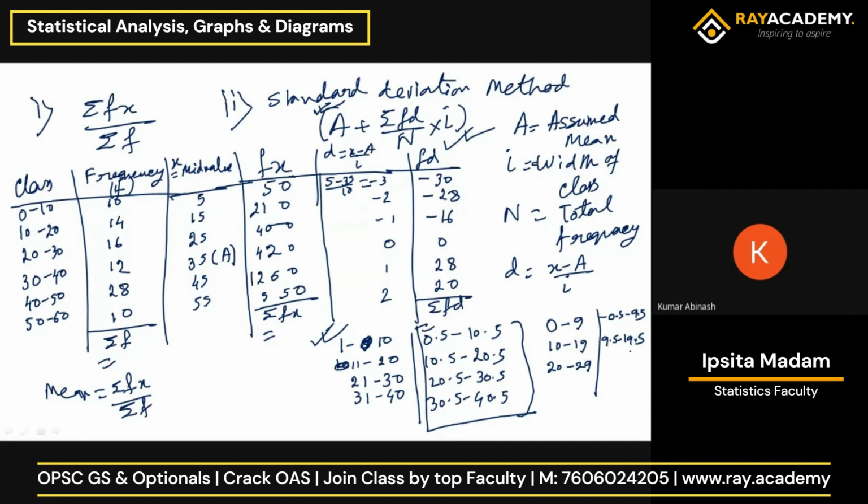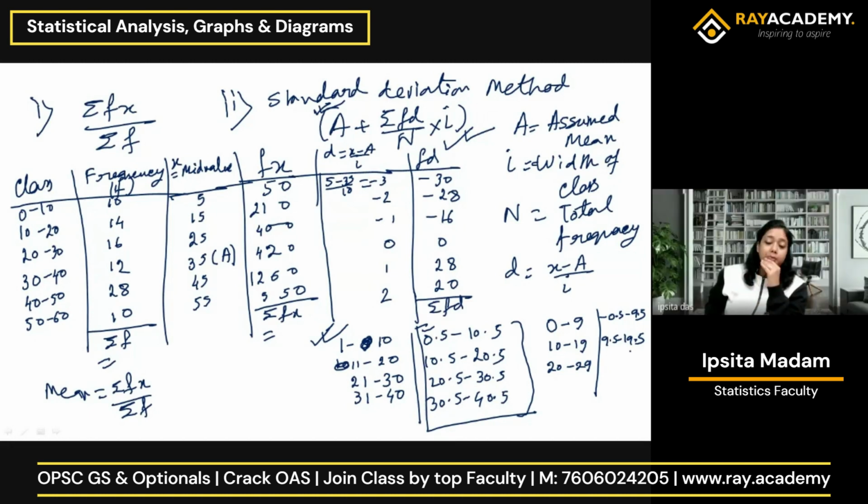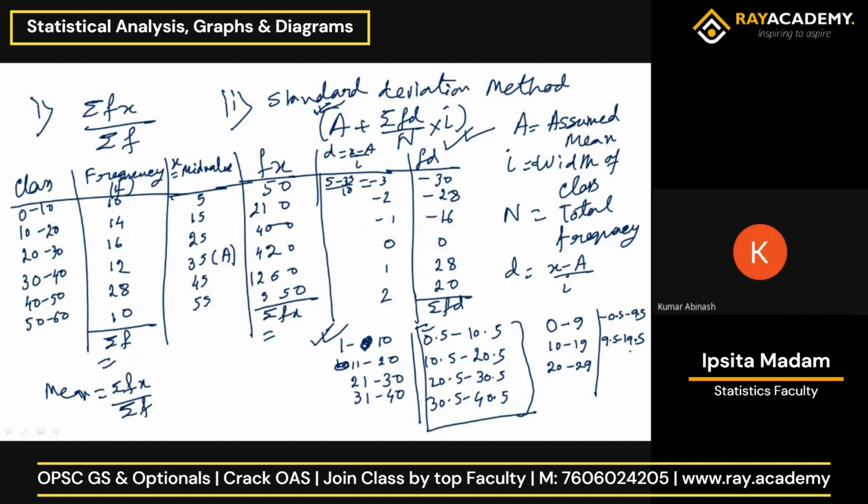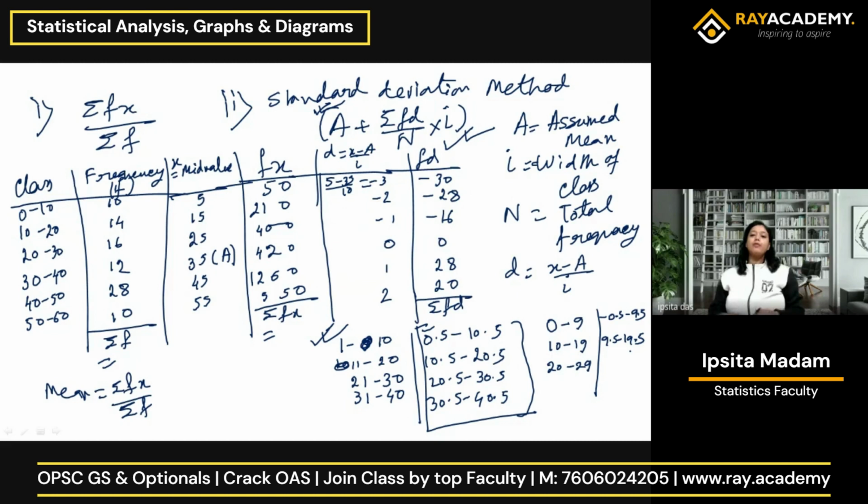Do not get confused by 0 to 9, because 0 minus 0.5 means minus 0.5, that is possible, leave it. Follow your rules: discrete to continuous, lower limit minus 0.5, upper limit plus 0.5. Then the solution will come. Got it? And for minus 0.5 to 9.5, obviously the class size will be 10. Minus minus becomes plus. Okay. Any doubt?